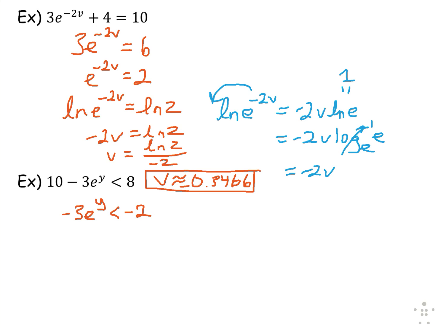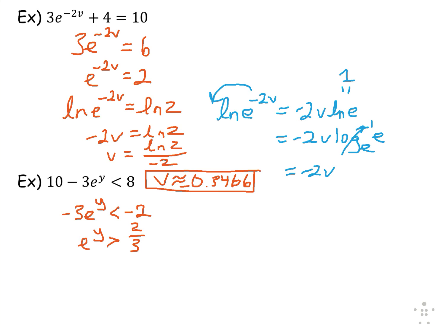Notice that this term's coefficient stays. It did not change signs because it did not change sides. From here, we divide both sides by a negative. So we need to change the direction of the inequality.